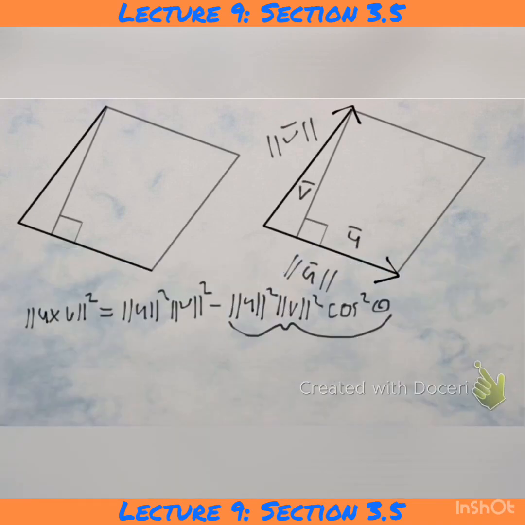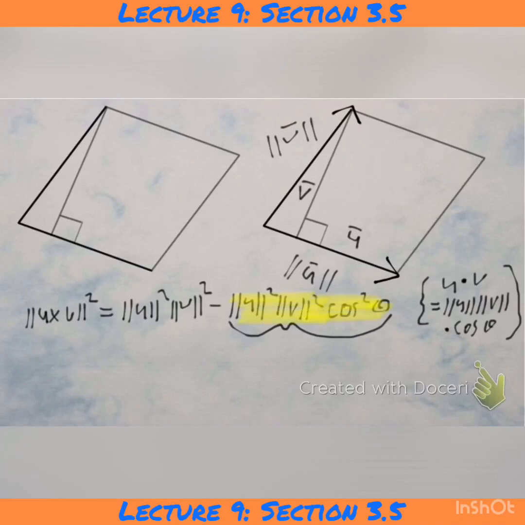So going back to that, remember we took u dot v and we replaced it with the norm of u multiplied by the norm of v multiplied by the cosine of the angle between the two. Okay, so that gives me this expression.